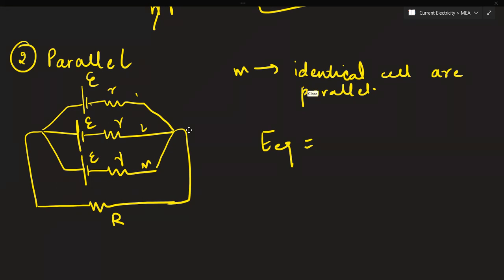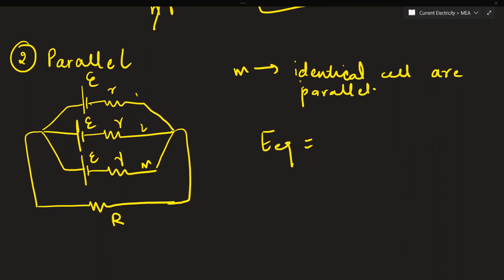Though m number of rows are there, each row has one cell with EMF E, so E plus E shouldn't be the case in this combination. This connection is parallel. Not 3E, Khalid. If you remember, in parallel combination, the one quantity that remains the same is potential.